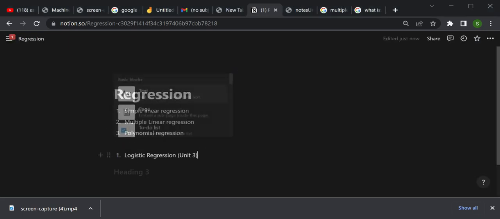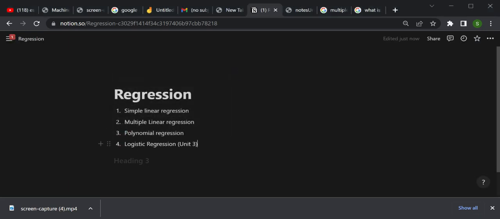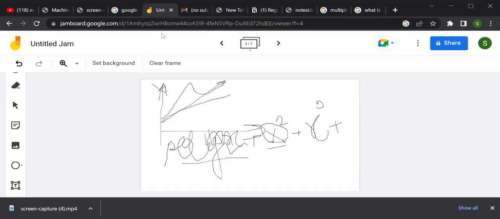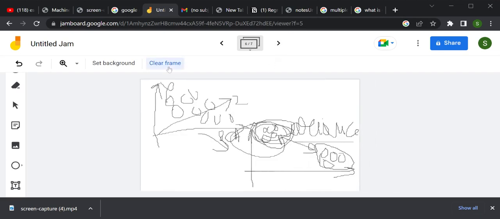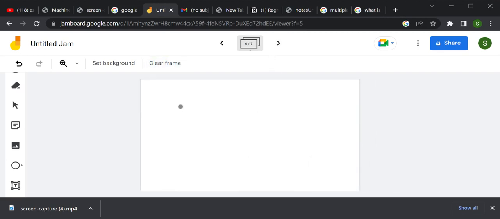Okay, so guys, we are now going to study logistic regression. We will start with an example. Consider the y-axis and the x-axis. The y-axis stands for whether the human has diabetes or not, and the x value stands for the weight of the human.